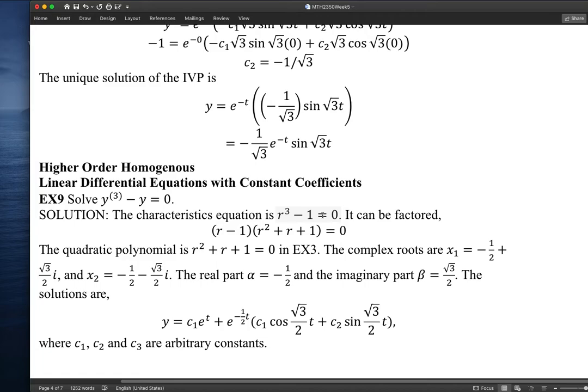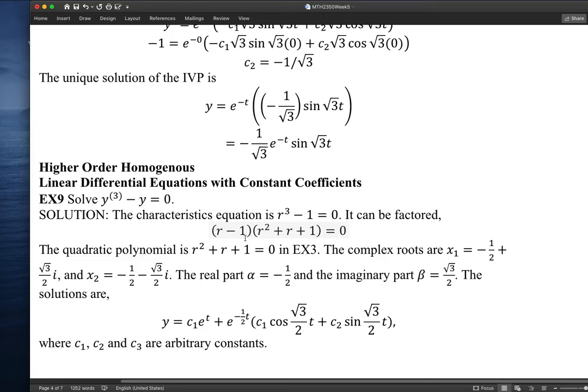And then indeed, this is a third degree polynomial. Keep in mind, a quadratic polynomial has 2 roots, and a third degree polynomial has 3 roots. Not just 1. Indeed, there are 3 roots. So if you look at the factorization, I'm seeing it can be factored as r minus 1 times r squared plus r plus 1.